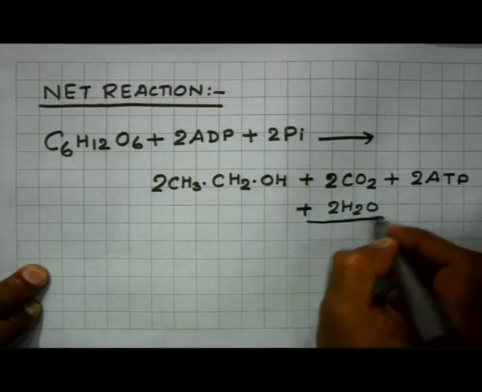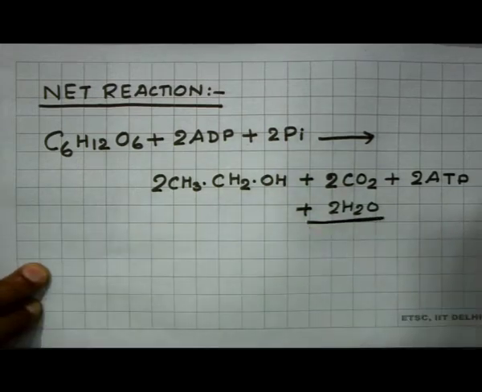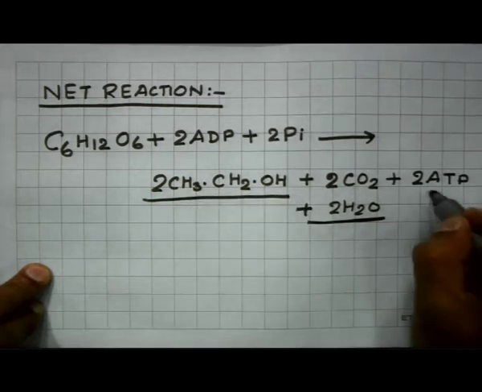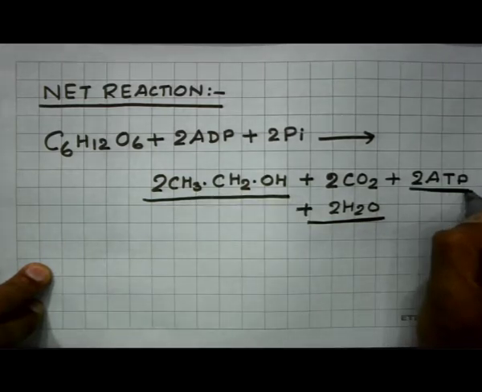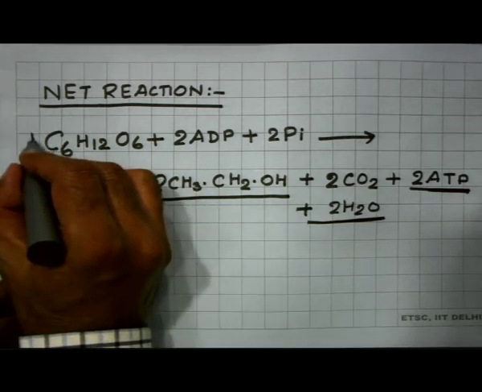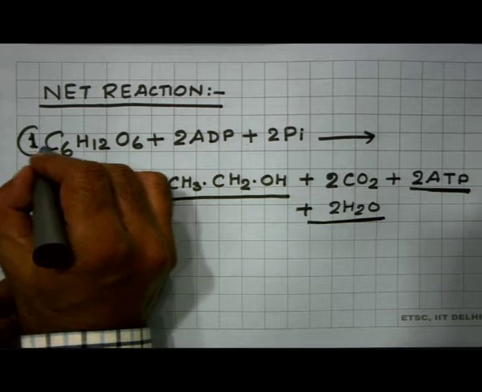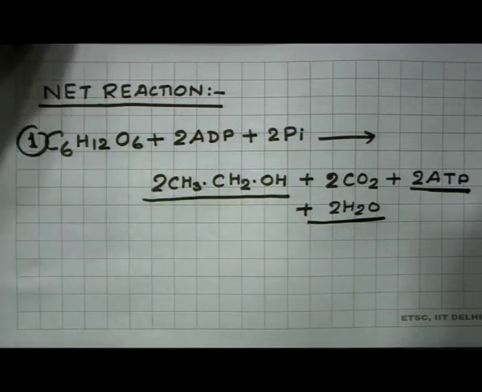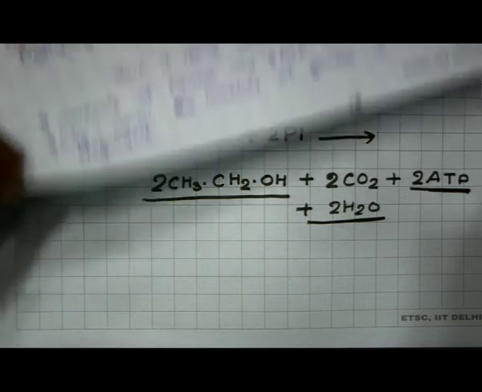So, in alcoholic fermentation the glucose molecule is converted into ethyl alcohol, and 2 ATP are formed when one glucose molecule is degraded.